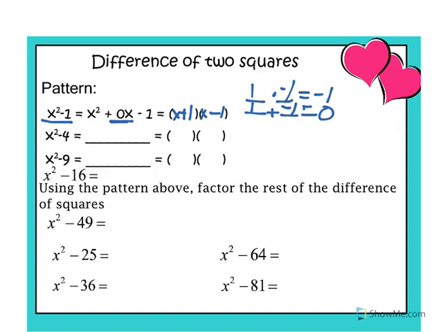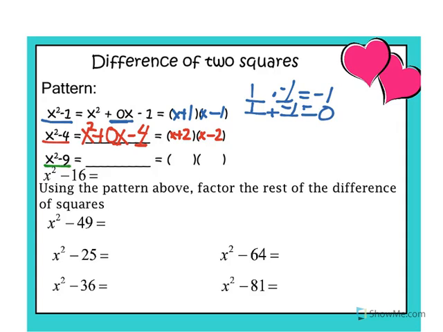Let's look at the next one. We would have x squared, fill in that missing term, there are 0 x's, minus 4. The two numbers that multiply to negative 4 and add to 0 are positive 2 and negative 2. Are you starting to catch on by any chance here?